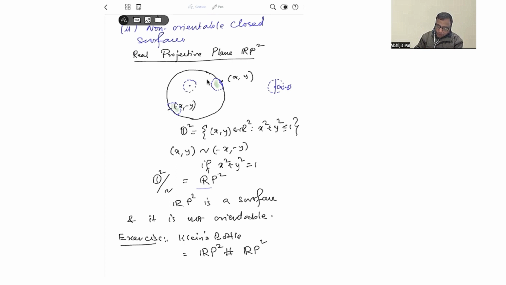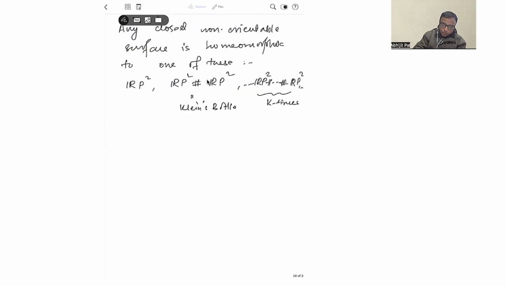Again, one can prove that this RP2 is a surface, and one can show that it is a non-orientable surface. Also, you can prove this exercise: the Klein bottle is nothing but RP2 connected sum RP2. What is the classification theorem here for non-orientable closed surfaces?